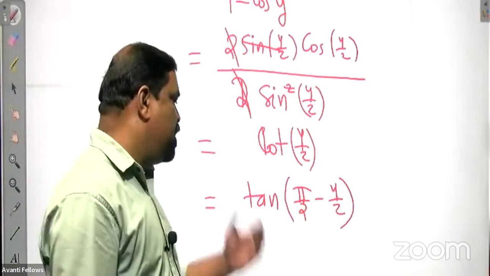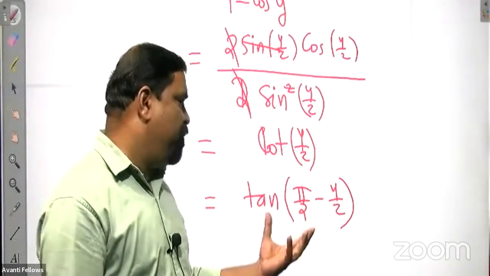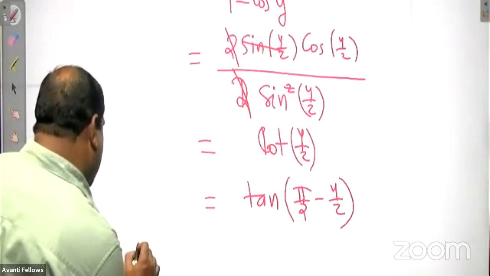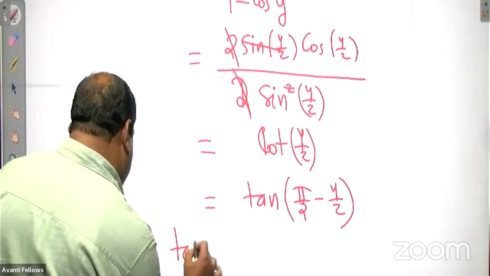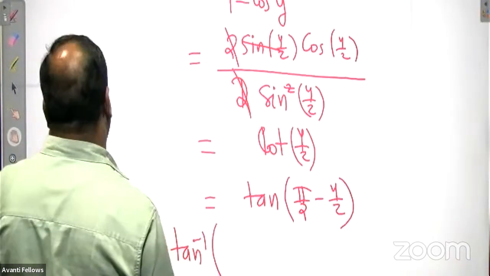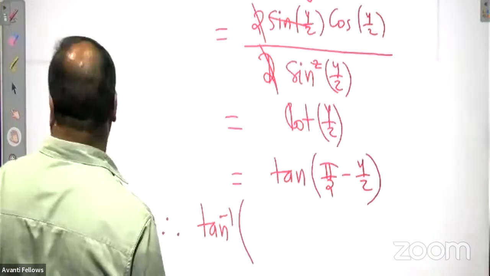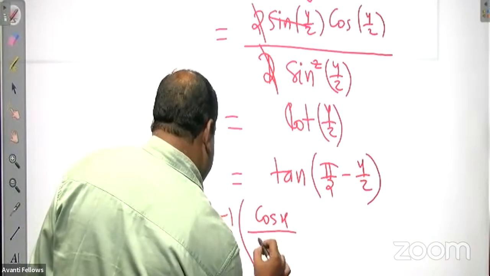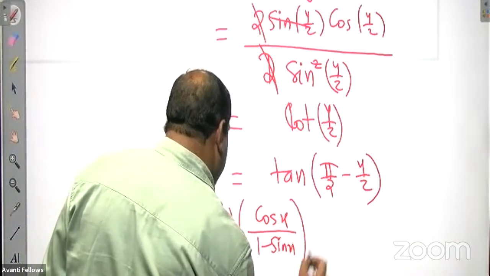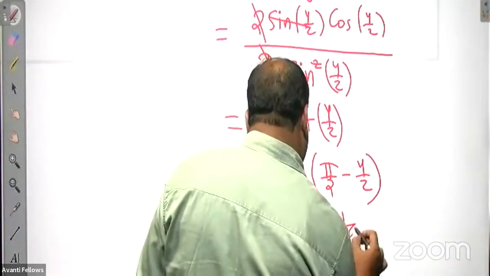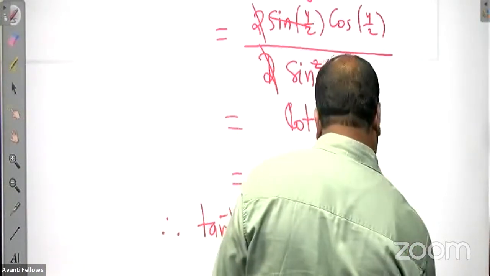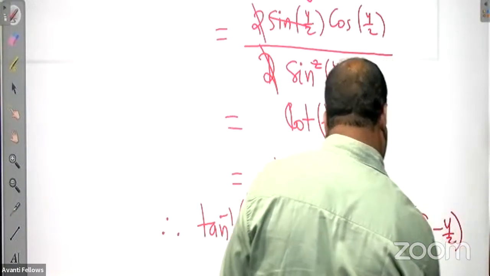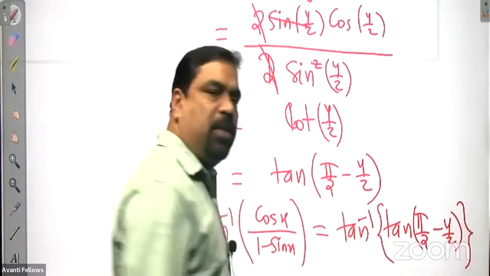So we have simplified and got this in terms of tan. Therefore the given expression, tan inverse of cos x by 1 minus sin x, is equal to tan inverse of tan of pi by 2 minus y by 2.